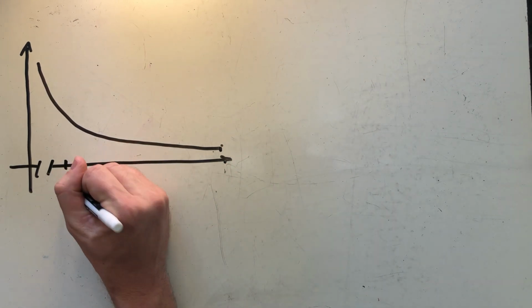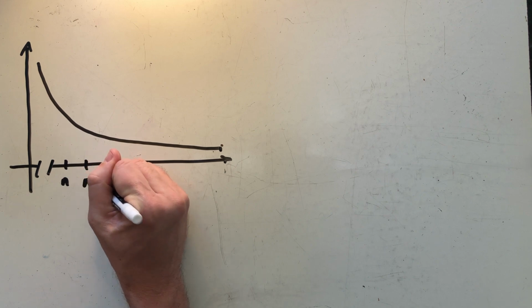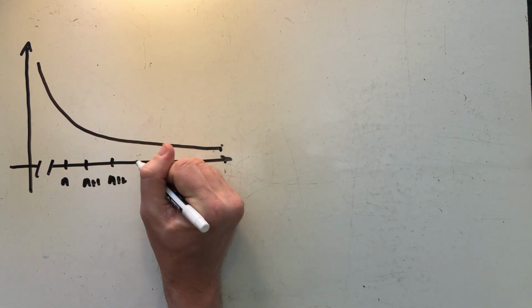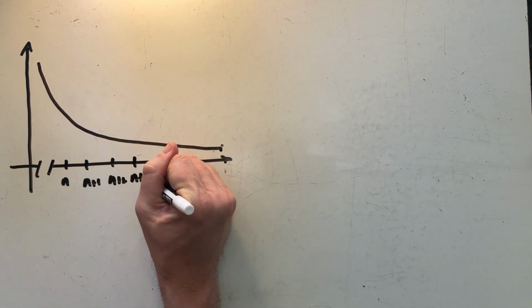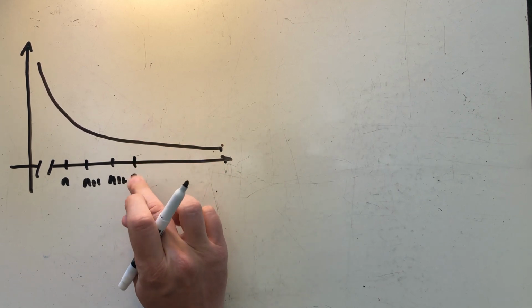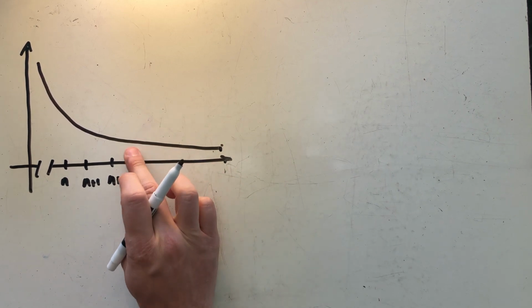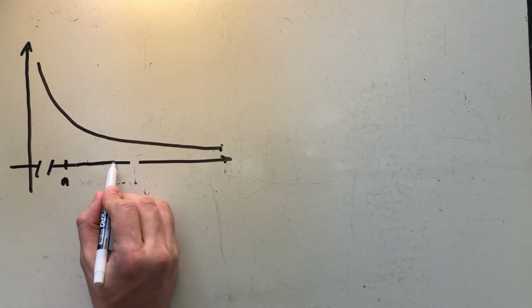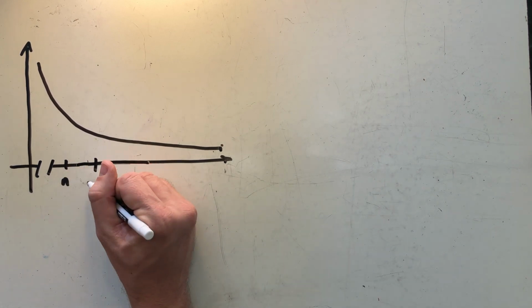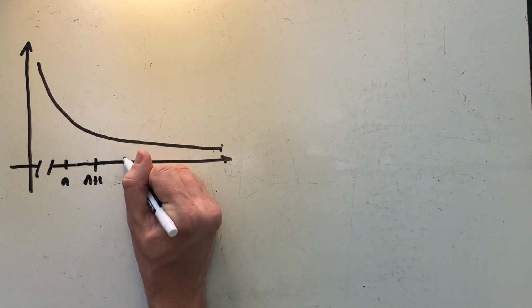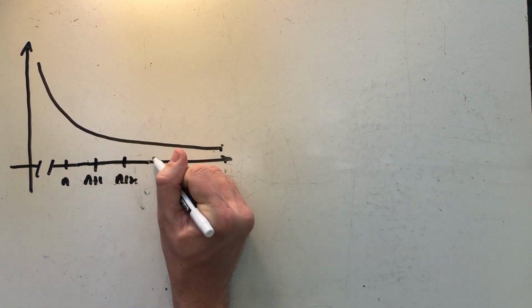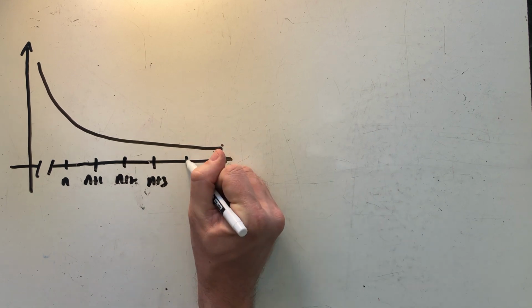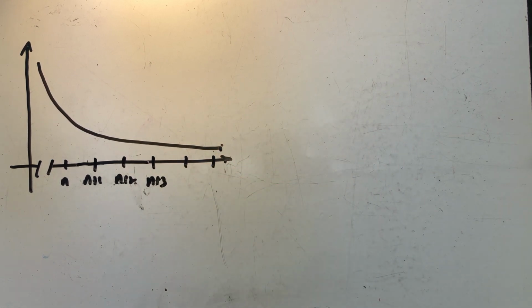So imagine starting at n, and then n plus 1, and then n plus 2, and we're going to imagine these are evenly spaced, n plus 3, counting out by 1 every time here at the end of the series. I'm going to just do that again, maybe try to make it a little neater here on the x-axis. N plus 1, n plus 2, n plus 3, and we just keep counting out like that.